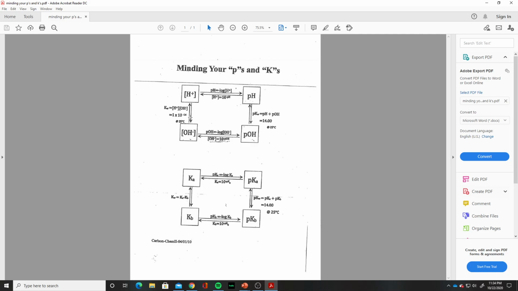So it shows you the conversion between H plus and OH minus, how to go from H plus to the pH, how to go from the pH to the pOH, as well as the conversions between Ka, Kb, and pKa and pKb. So none of these equations are terribly complex or anything, but I will go ahead and give you this on the exam.